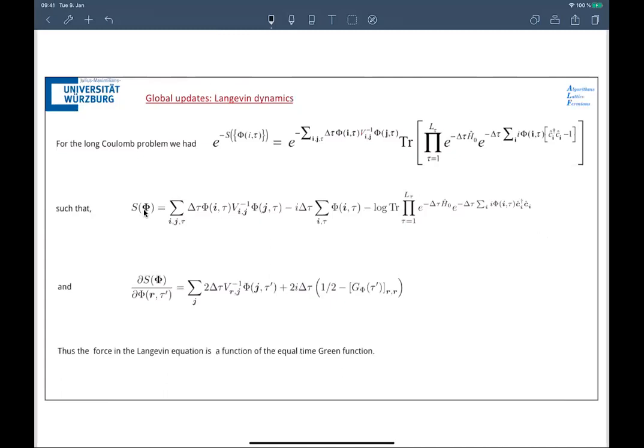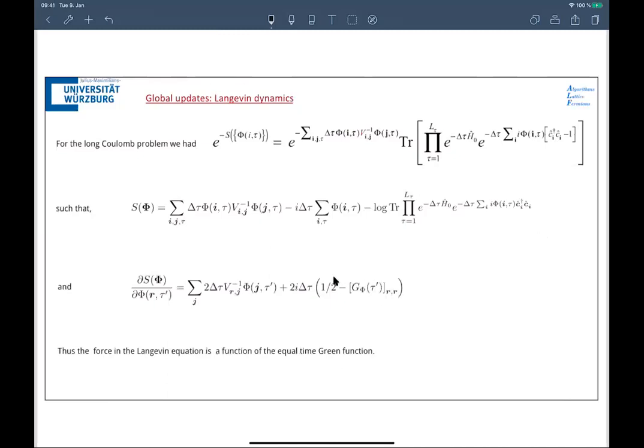If you take the derivative with respect to phi at a given position r and time tau prime, then you will get this term which comes from this part of the action. And if you differentiate with respect to phi of I, what you will bring down is basically the expectation value of C dagger of R, C of R minus one-half, at time tau prime and R, at equal positions.